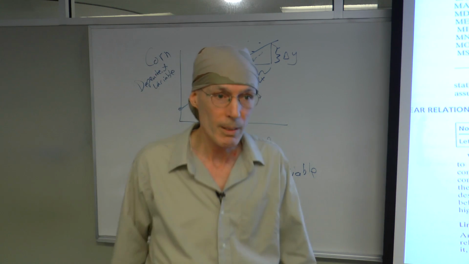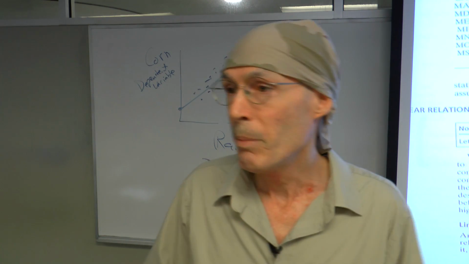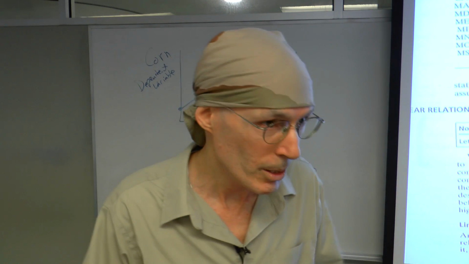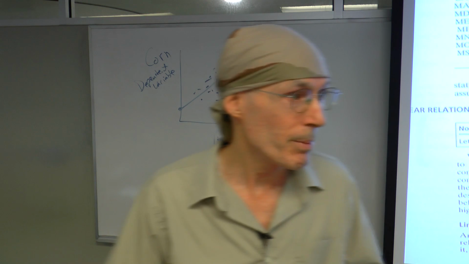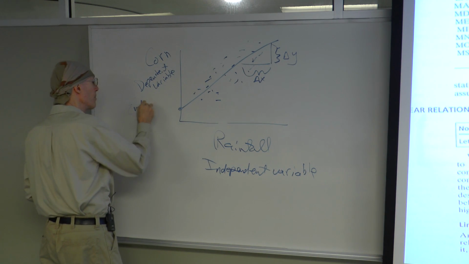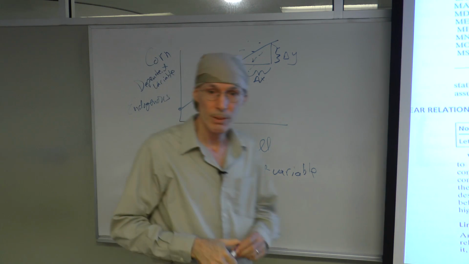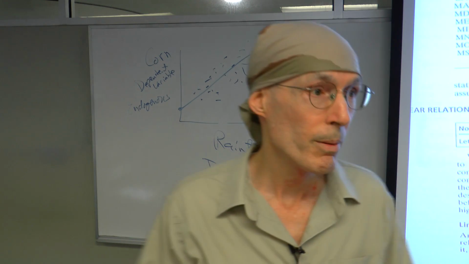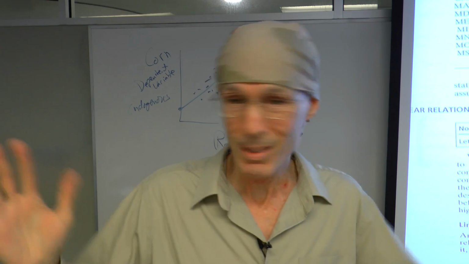Now there's another way to think of it. Some people use the word endogenous instead of the word dependent variable. Endogenous. You'll see that word. You'll hear people talk about it. It means the same thing. Chill out. Don't worry about it.